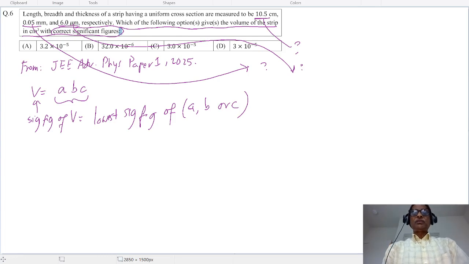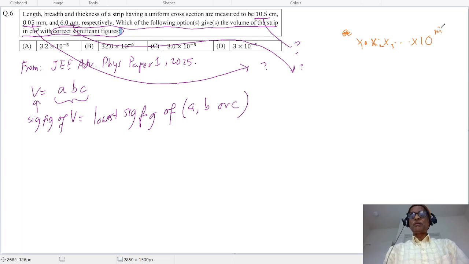So the way to get a sig fig is to write this thing in the form x1 point x2 x3 whatever, times 10 to the power some exponent m.